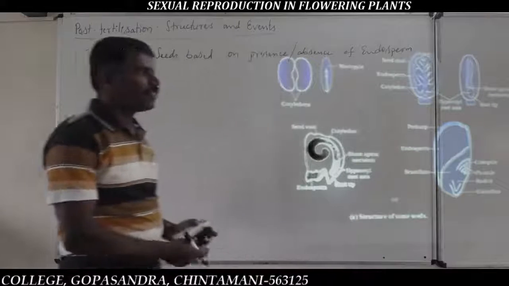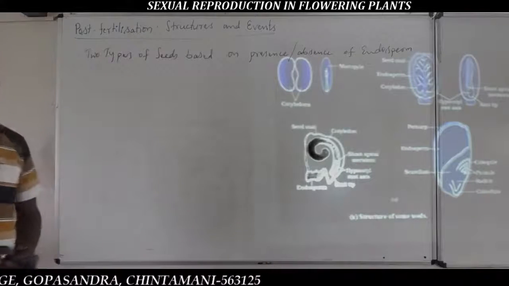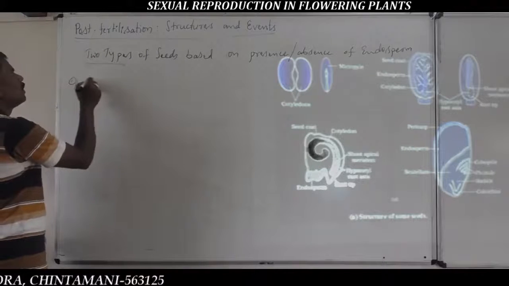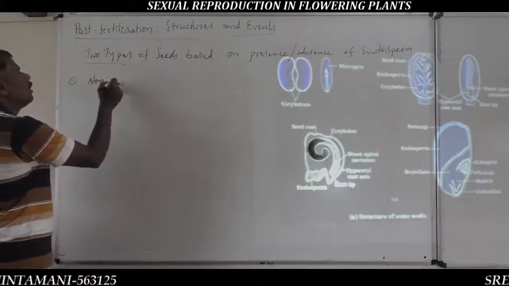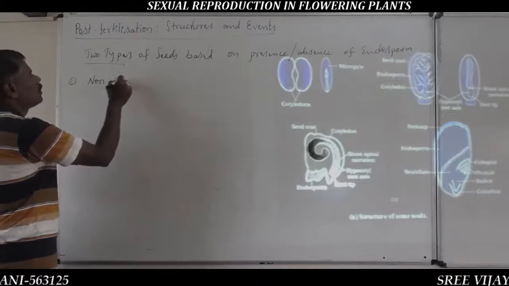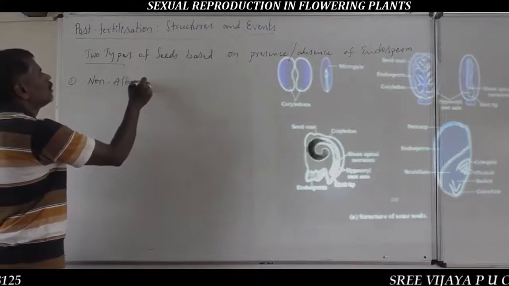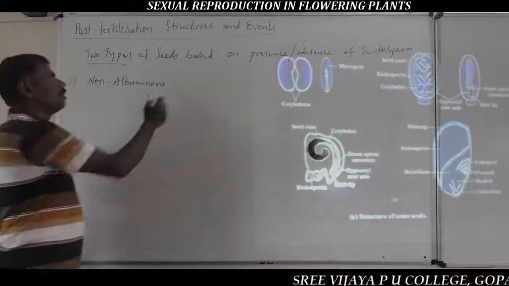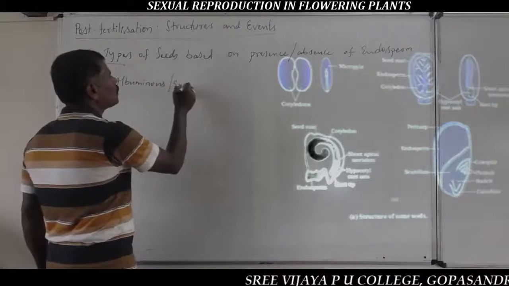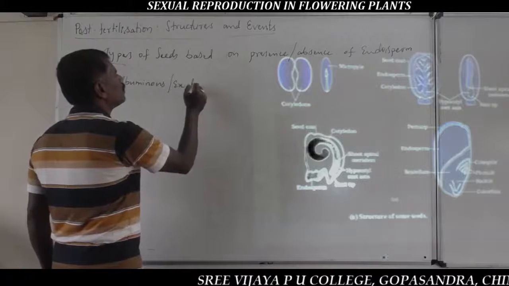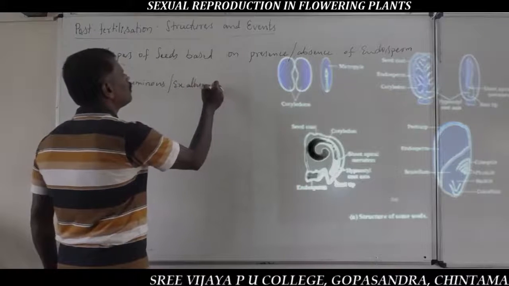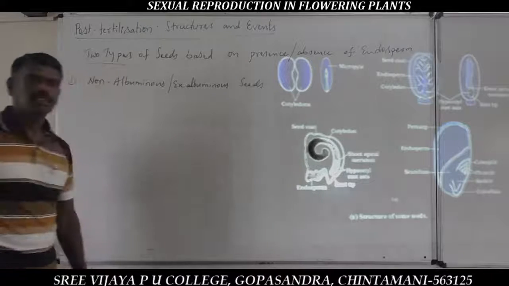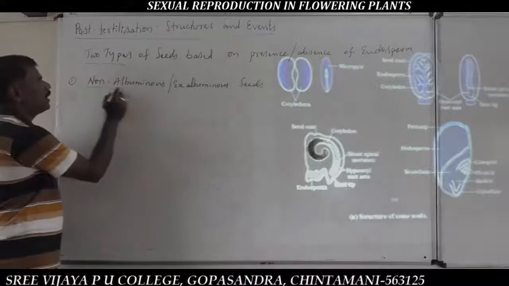Based on the presence or absence of endosperm, there are two types: non-albuminous or exalbuminous seeds.